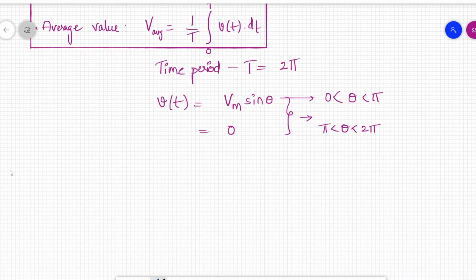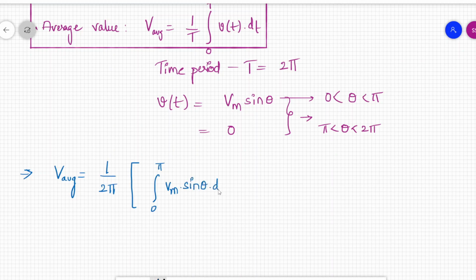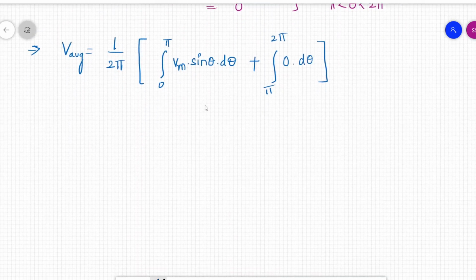So I am finding the average value here. That is V average equals 1 by T, where T is 2 pi, the full time period. Here we have two limits. From 0 to pi, it is Vm sin theta d theta, plus from pi to 2 pi, it is 0 d theta. This is how you need to write the function.